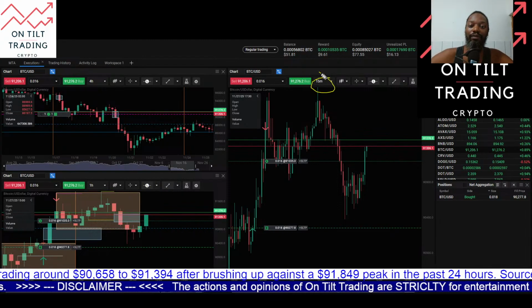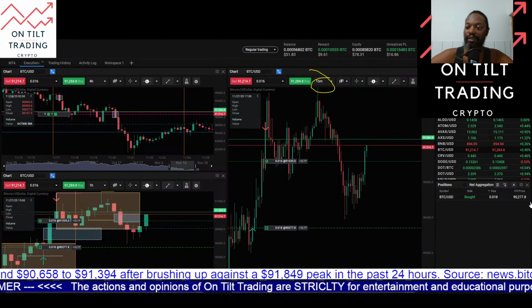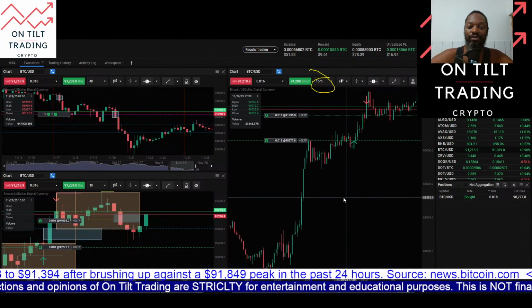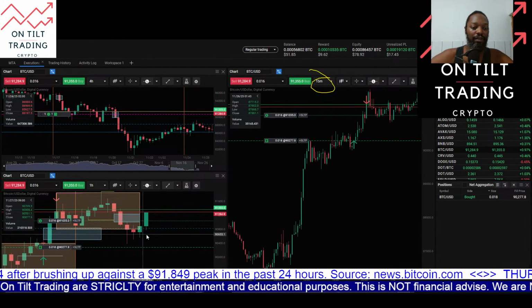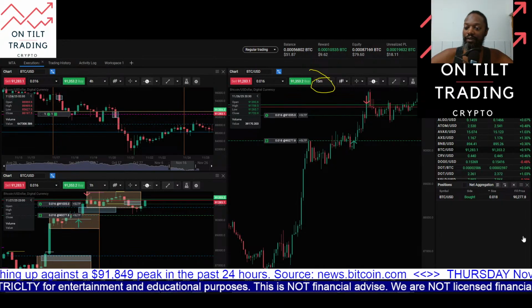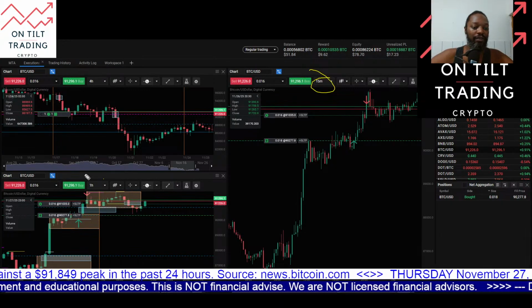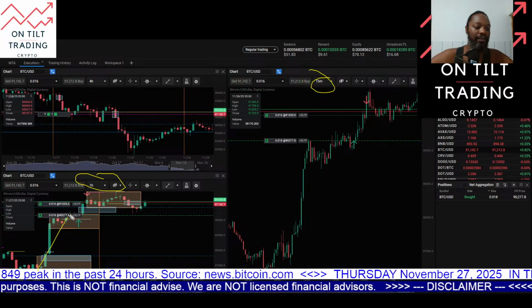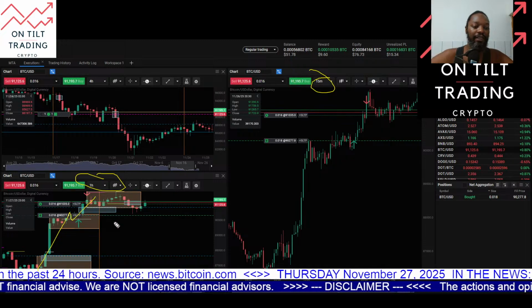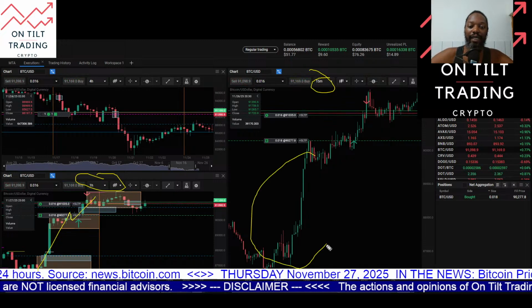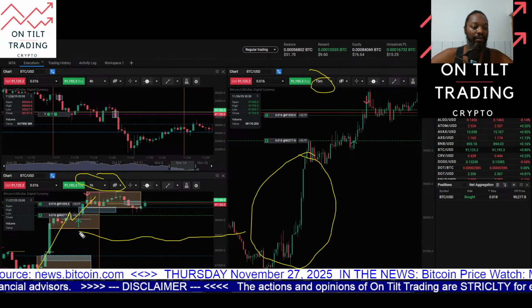And now here on the 15-minute, we can get a better look at this trade setup. So we have all of this price action here, let's say on the 1 hour, where price delivers to the buy side here. That price action is here.